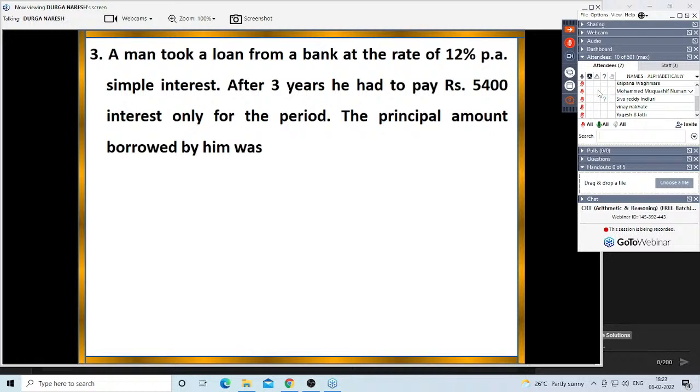After 3 years, he had to pay 5,400 rupees interest only for the period. The principal amount borrowed by him was.